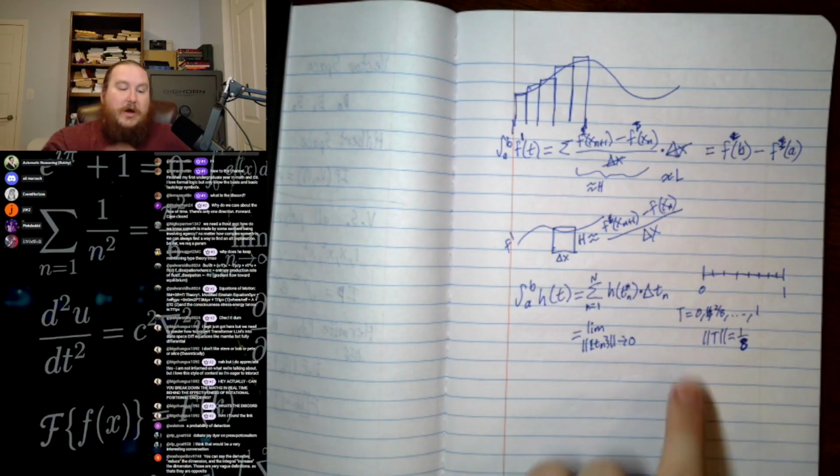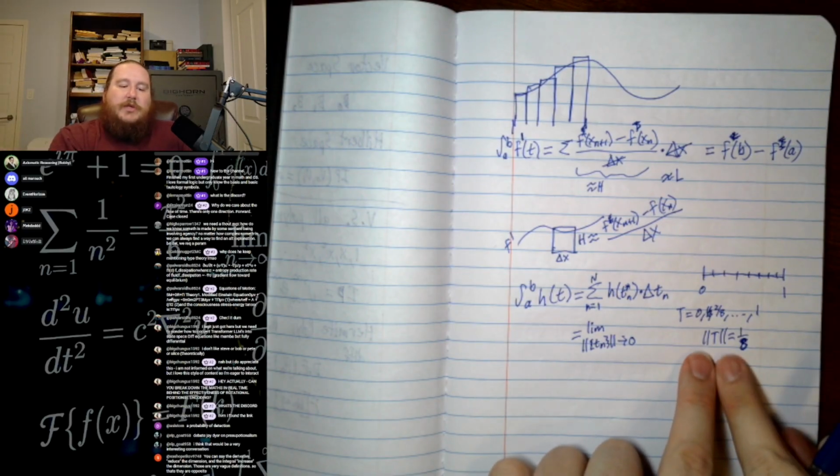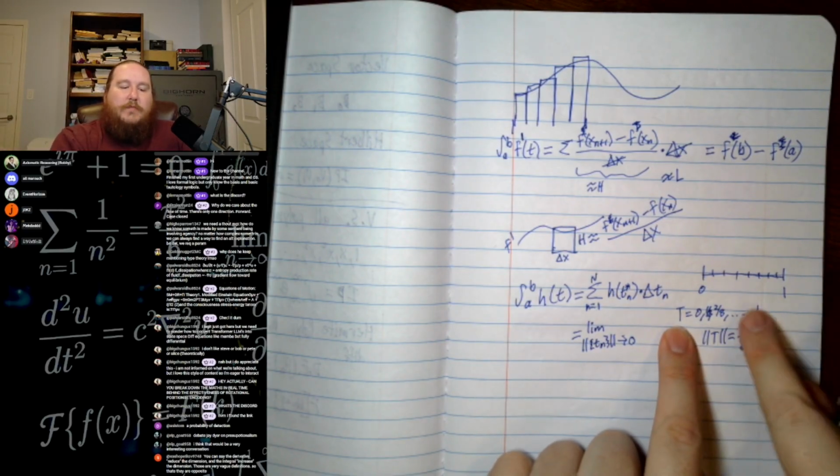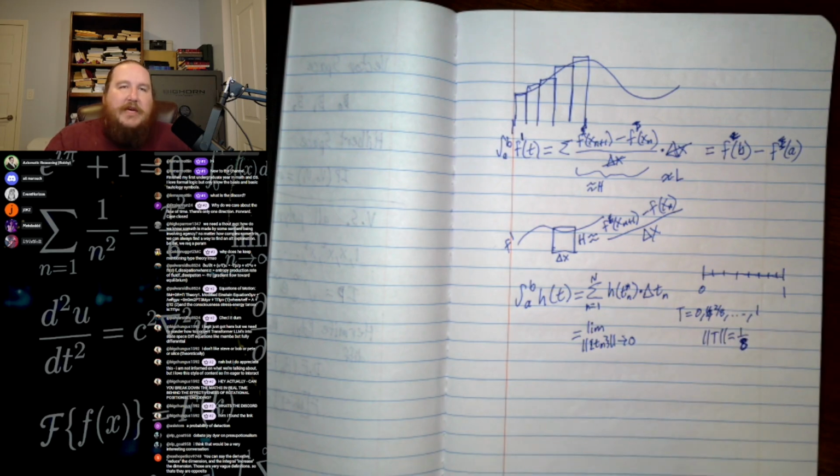You could pick these arbitrarily. They don't have to be evenly spaced. They can be big, small, tiny, whatever. You just want the mesh to go to 0.